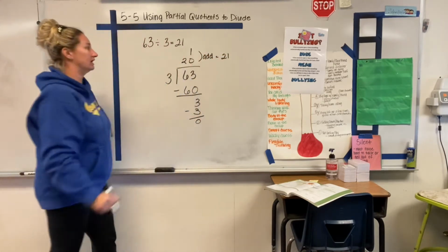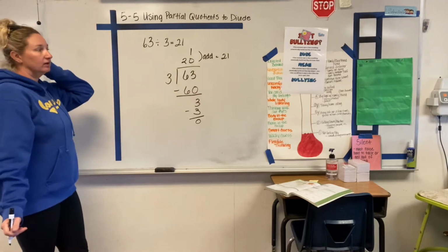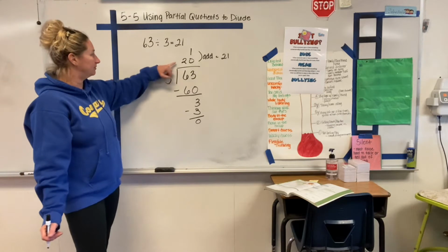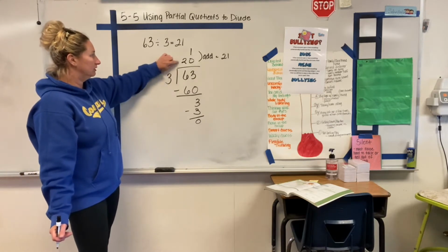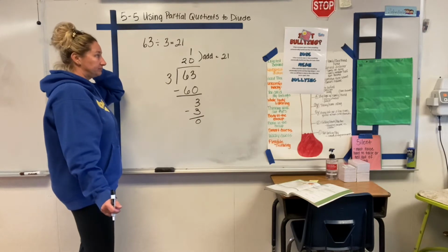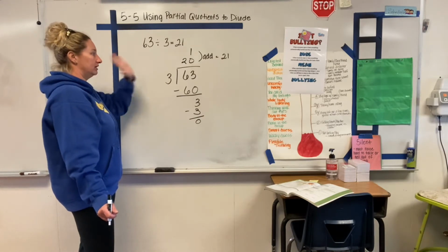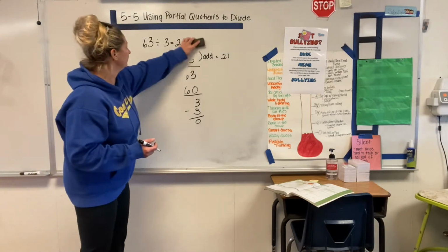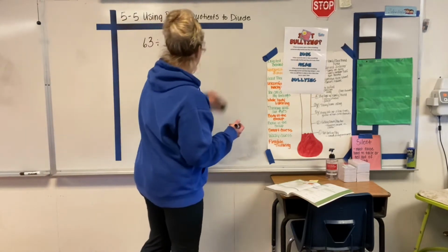So I still get the same answer, 21. Okay, so that was a little bit quicker because I was able to divide more in one chunk. Okay, all right, so I'm going to erase this. You can write it down for an example. And we'll try another way.